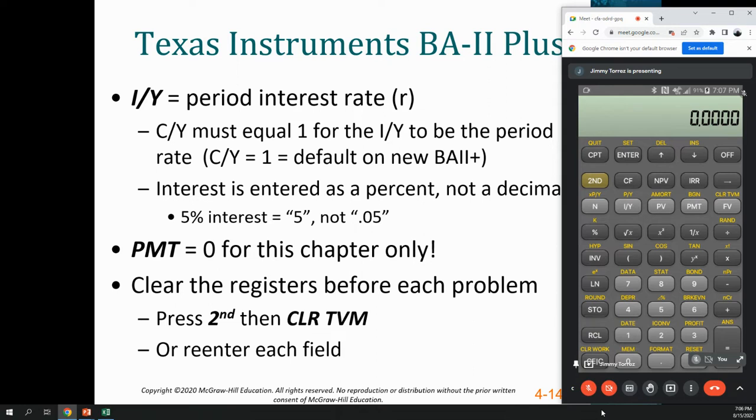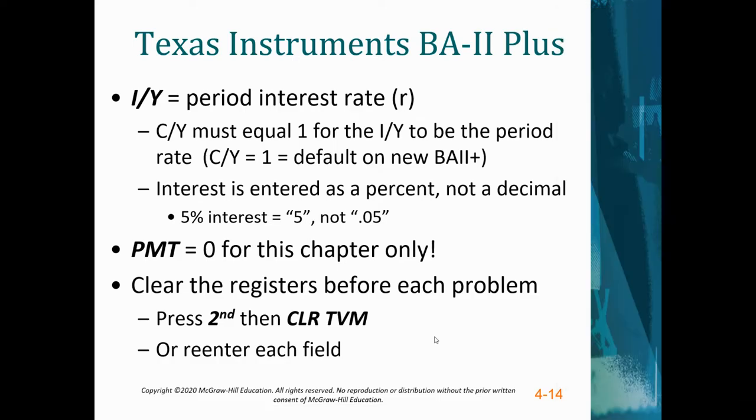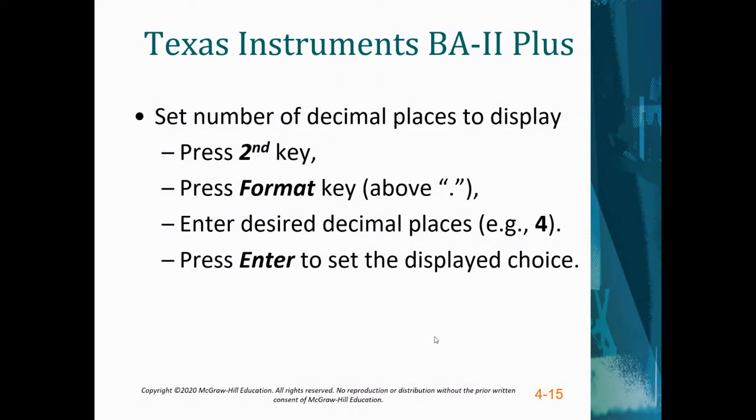Okay, it says TMV there. Or I can just go ahead and re-enter each field, which is okay if you have a new problem. It's second, clear TMV, which is right here. Both work actually.